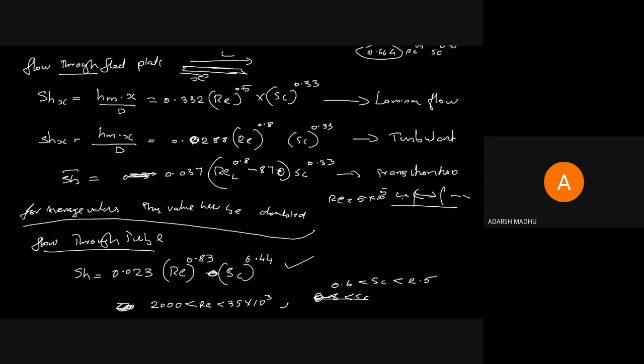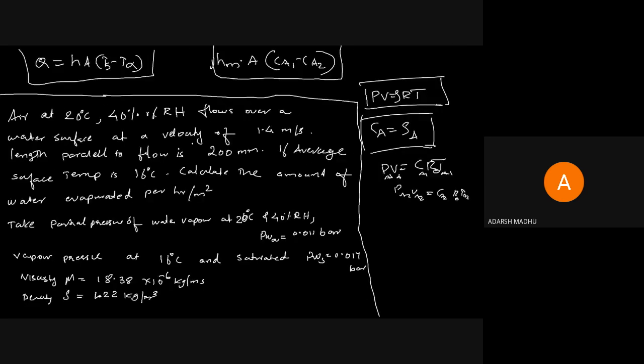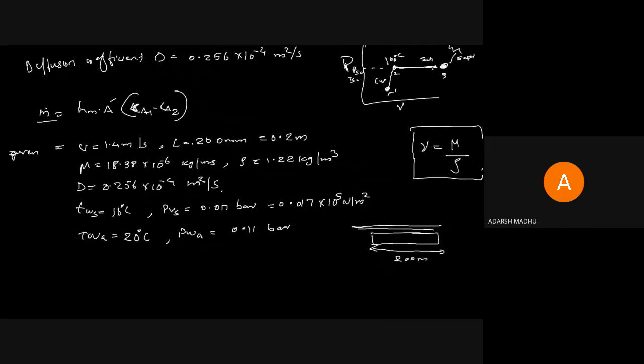After finding that equation, find the value of Sc as well, apply it here, and you can find the value of hm. Here x equals L equals 0.2 meter. After finding hm, you can find CA1 and CA2, and then the mass transfer or mass of evaporation. That is the method of doing the problem.